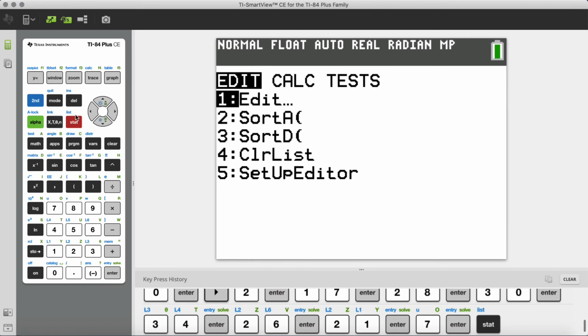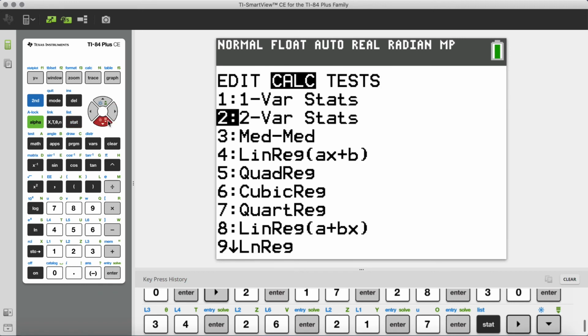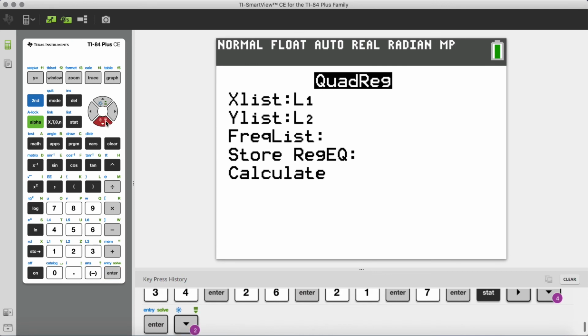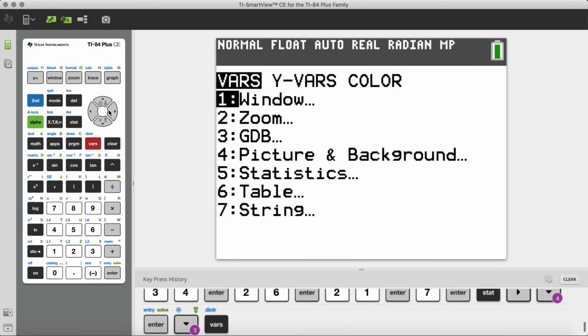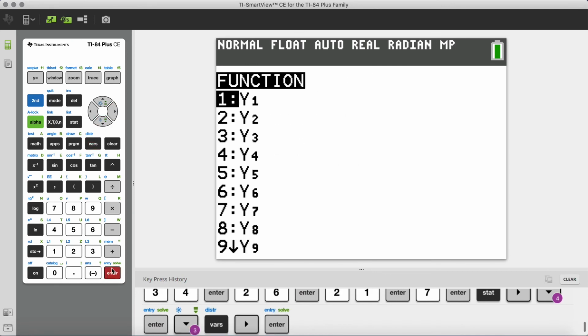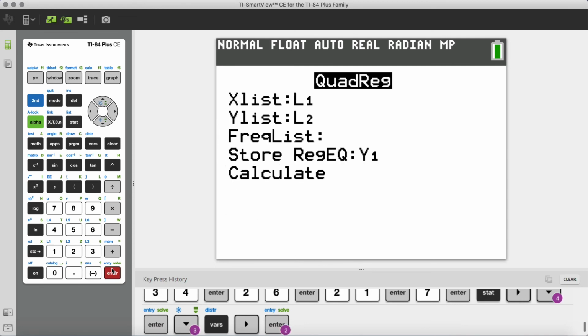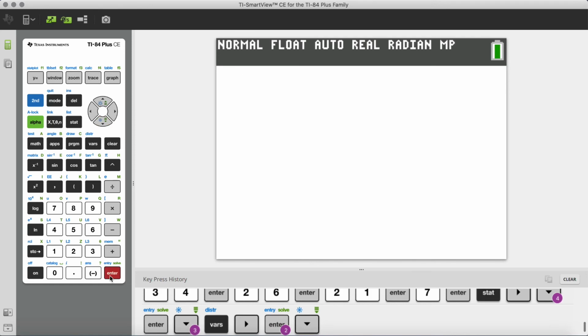Now I'm going to go stat, calculate. We need a quadratic regression here. We want to store regular equation as our y1. So we go vars, y1. All right, and then I'm going to click calculate here.